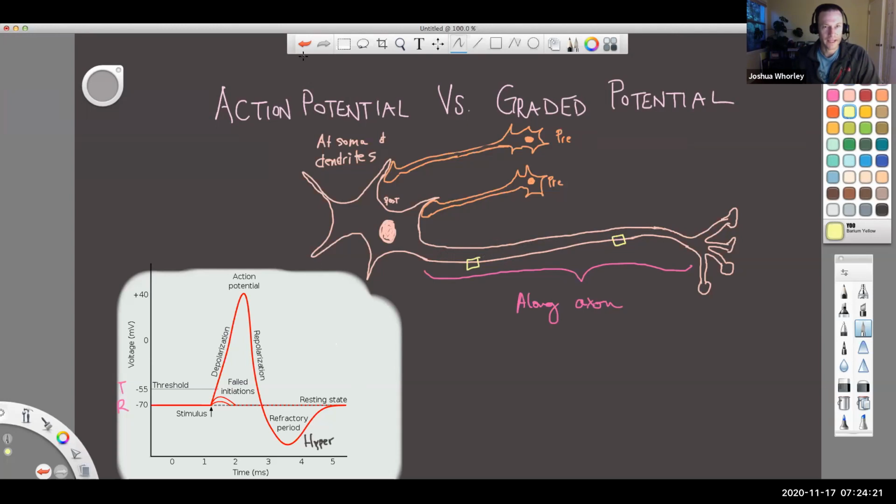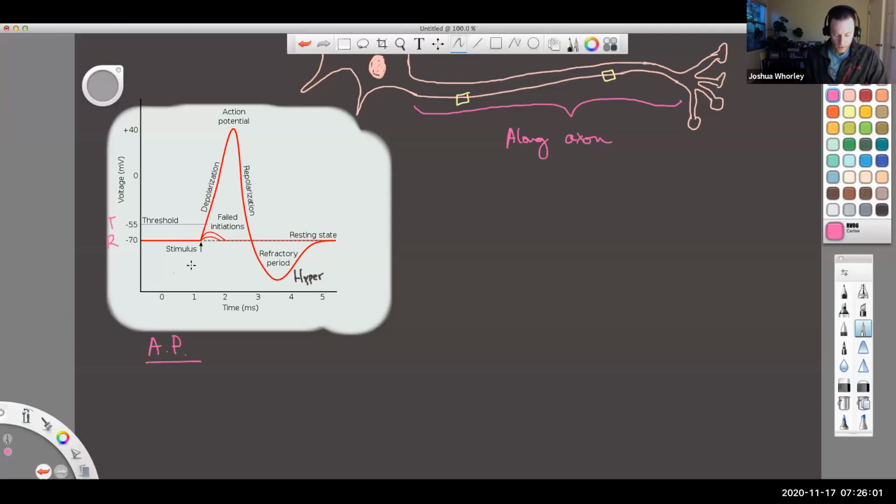So for action potentials, the amplitude is the same for all action potentials in a given cell.